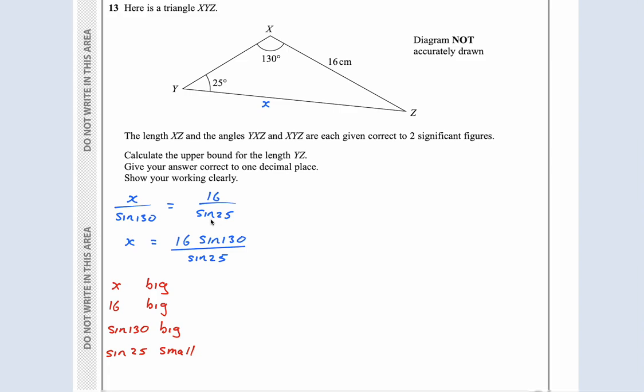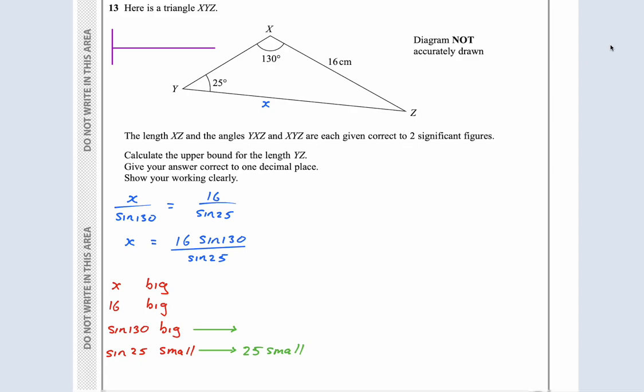Okay, now this is the tricky bit, because just because I want sine 130 to be big, that actually doesn't mean I want my angle to be big. Now, actually for sine 25, yes, a small angle will give me a small sine of an angle, because the sine is the opposite over the hypotenuse. So I want 25 to be small. Okay, but the sine 130, this is what makes this question really tricky, guys. To make sine 130 big, I don't want to make 130 big.